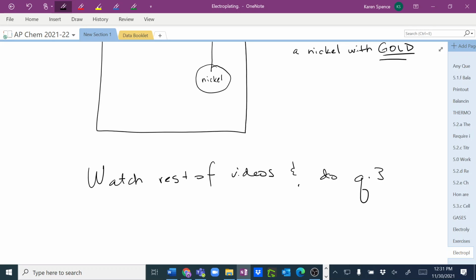Because it can't. Nickel doesn't do that. Metals do not become negative ions. They don't have gaps in their valence shell. They want to lose electrons from their valence shell.